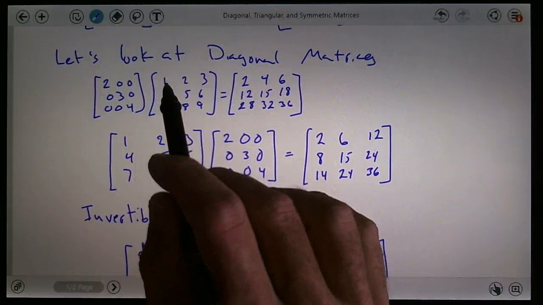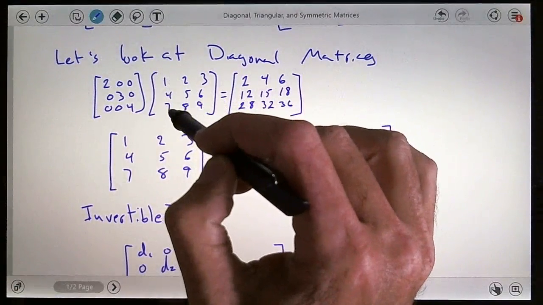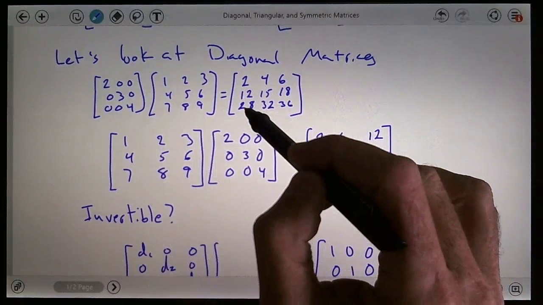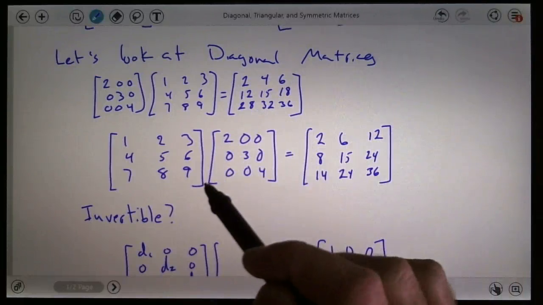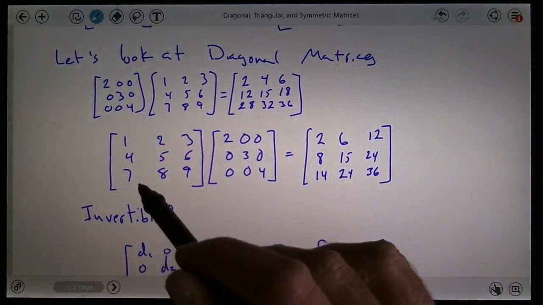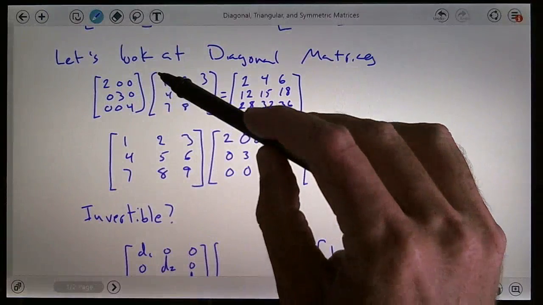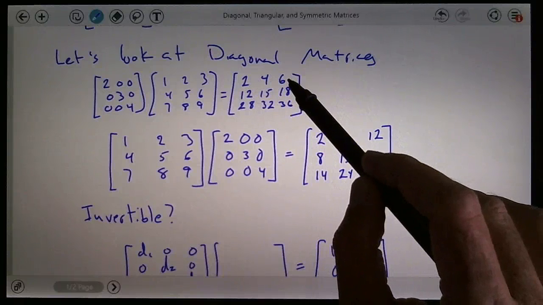Generally, when I think of multiplication, I think of taking columns here and then multiplying by the first row, second row, third row to end up with the first column. Then you take the second column to generate the second column. Now, some people think differently, where they take this first row and multiply it by the 3 columns to generate the first row of the result.